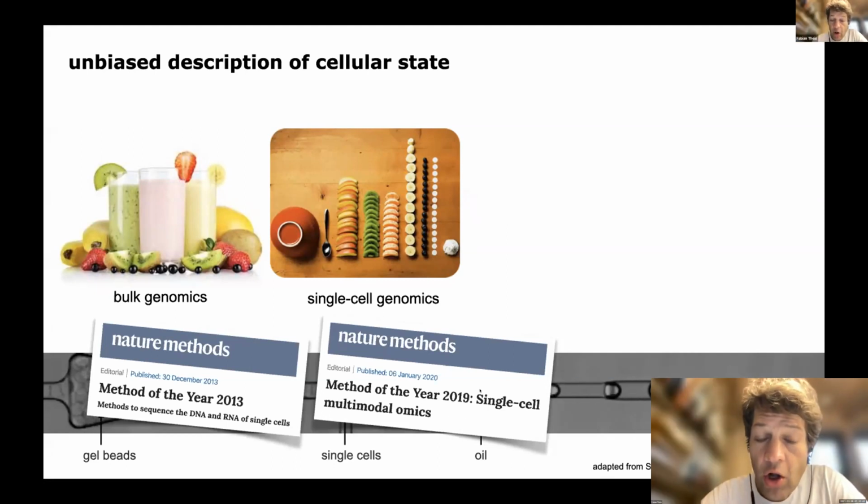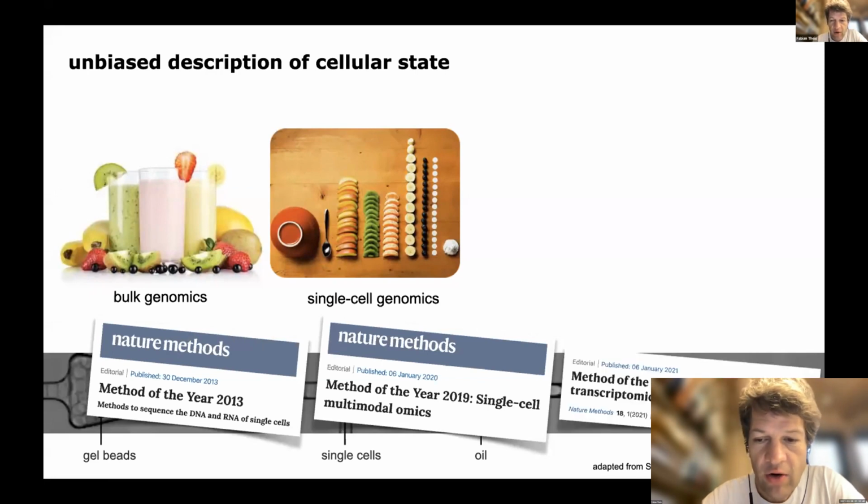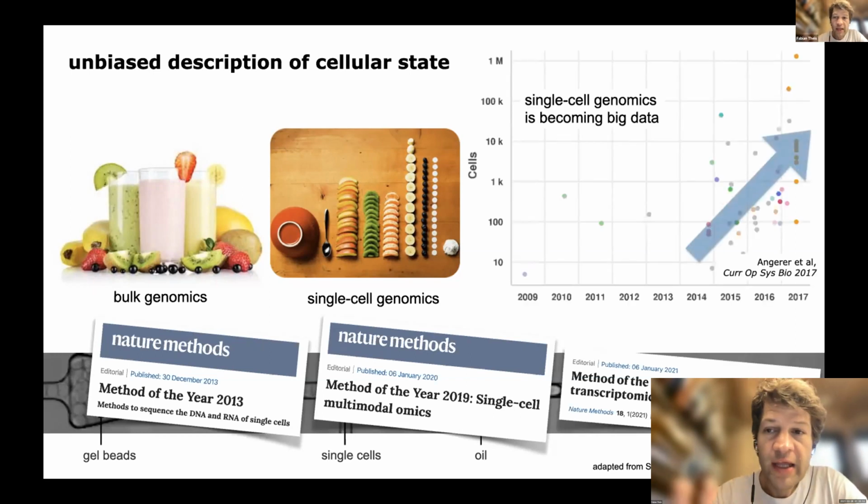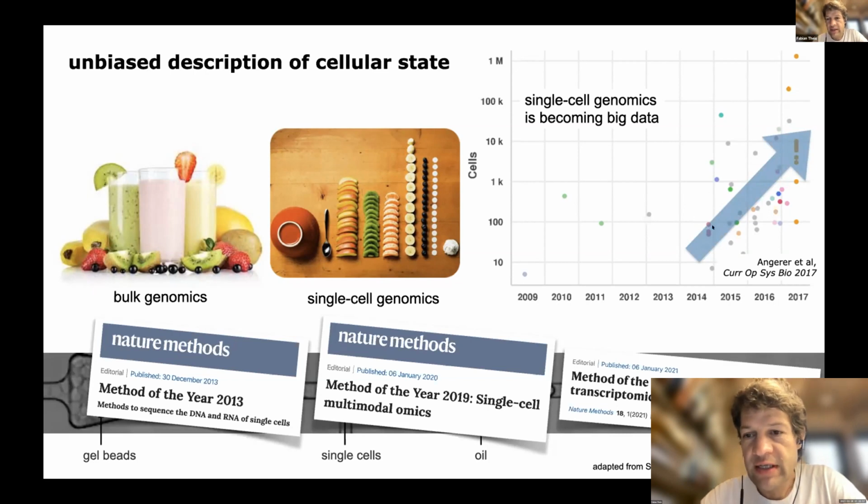So this has been called Method of the Year with the multimodal version just 2 years ago, and now the spatially resolved one. So always single cell. So no wonder this has become really huge. And this was my main original intention: I've always been interested in machine learning, but in those days when we wanted to do something in regulatory genomics, it was always called small n large p.